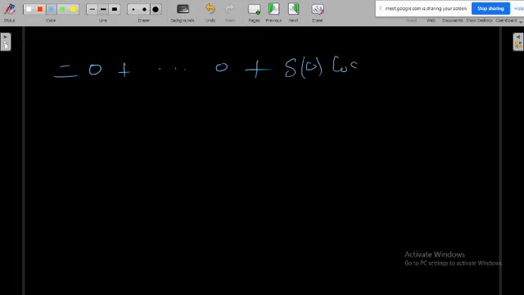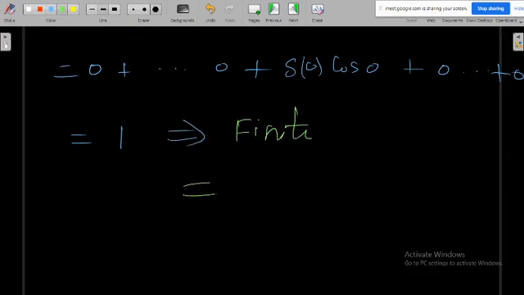Delta 0 is 1. What is cos 0? Cos 0 is 1. So then what is the area? Area is finite.